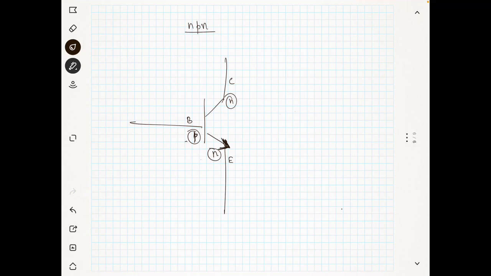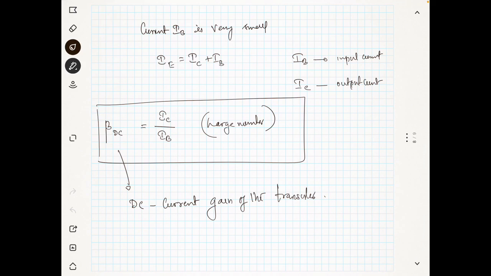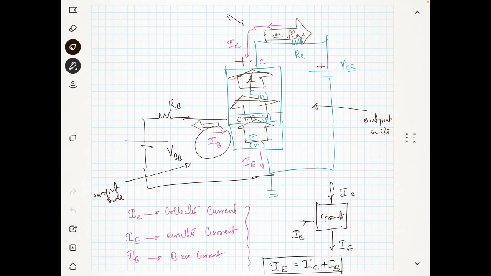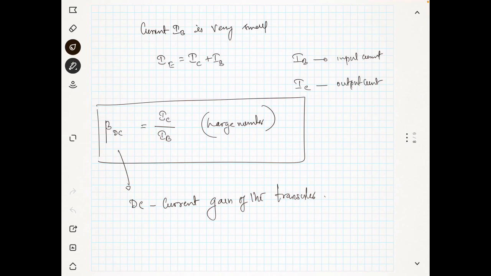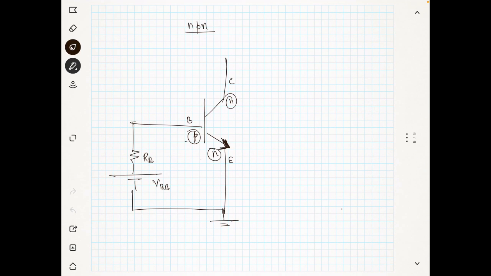So now we will connect our power supply. This is your RB and this is your VBB, and I will connect the emitter to the ground. The same thing that we have seen just now. Instead of drawing these boxes, we will be using the circuit symbol for the transistor. Now you can see here I have RC and I have VCC, and this part is connected to the emitter.